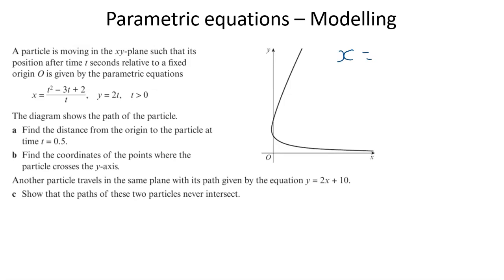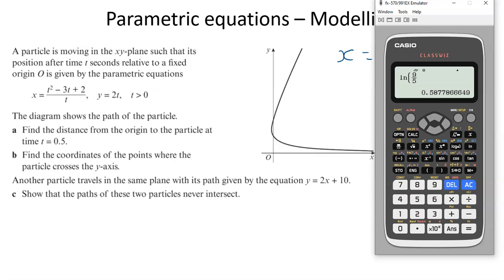So x is going to be 0.25, that's 0.5 squared, minus 3 lots of that, so minus 1.5, plus 2, all over 0.5. Now I could work that out, but I'm going to put it on the calculator. I'll put in 0.5 and store it as a, so I don't need to worry about getting the substitution right.